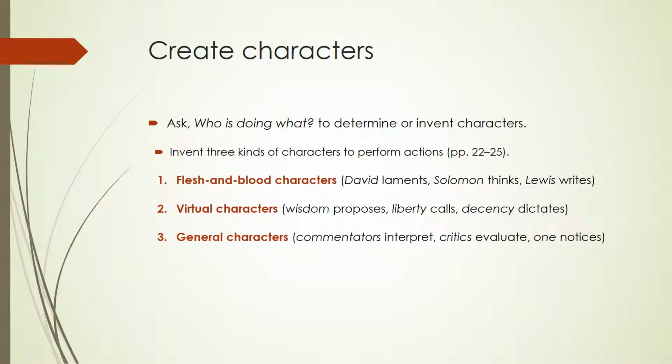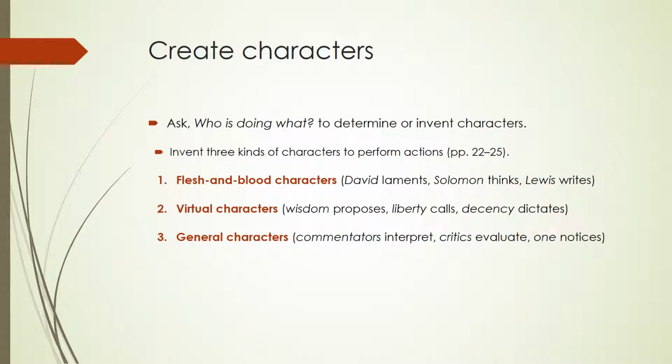Well, most readers want subjects to name flesh and blood characters, and that's the best choice. But often you must write about abstractions, and when you do, turn them into virtual characters, which are personifications that can serve as the subjects of verbs that tell a story.